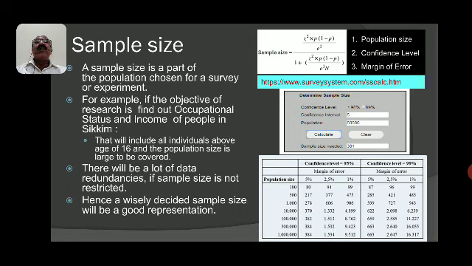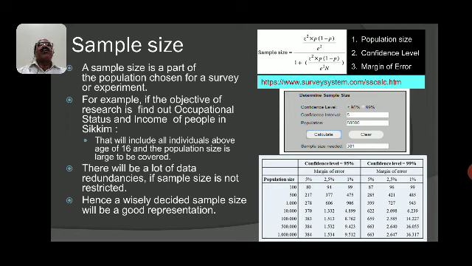That comes into the framework. Then there will be a lot of data redundancies. That means excessive data collection leads to repetitions of the data. So a large sample size should not be opted for. It should be restricted to a reasonable one. Hence, a wisely decided sample size will be good for representation.